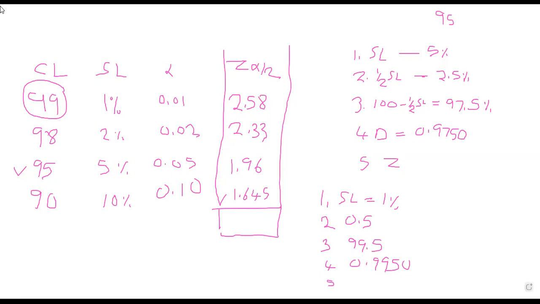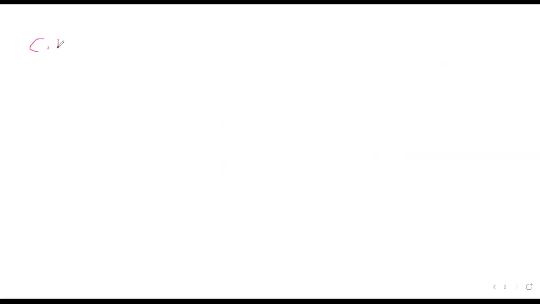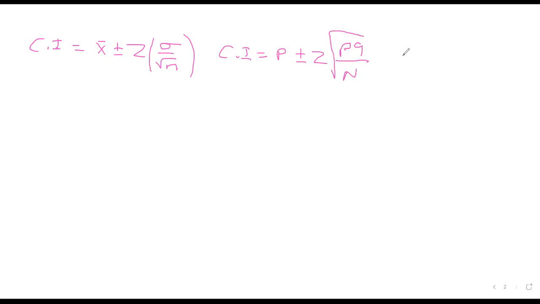Under estimation, these are the formulas you need to know. Confidence interval is equal to the mean plus or minus Z times the standard deviation over the square root of n. Z is only used when samples are greater than 30. Confidence interval can also be given by p plus or minus Z times the square root of pq over N. Confidence interval has two bounds.